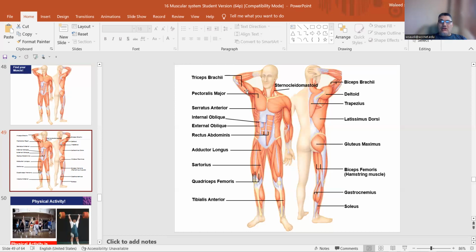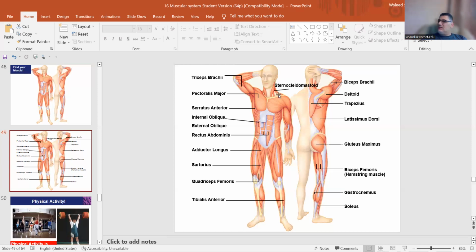Which one? You have to know it's biceps. So I can ask you by component. Muscles of the arm, biceps in the front, which is this, and triceps in the back. Here is the biceps in the front, and this is the triceps in the back.